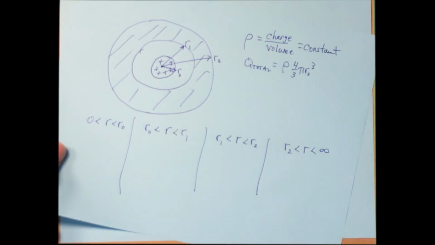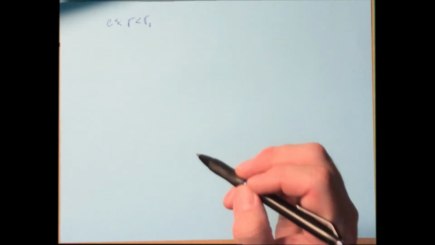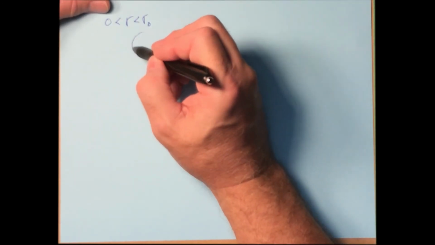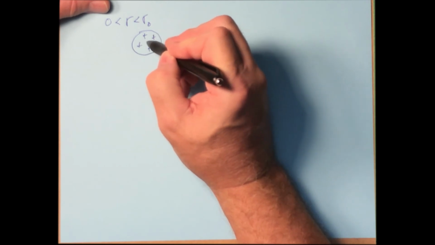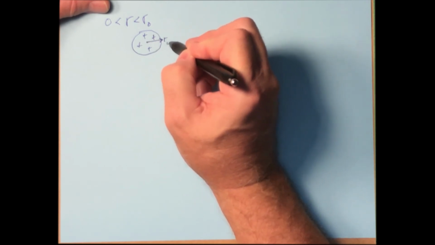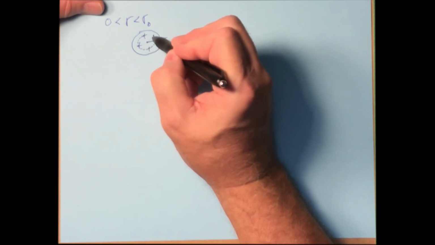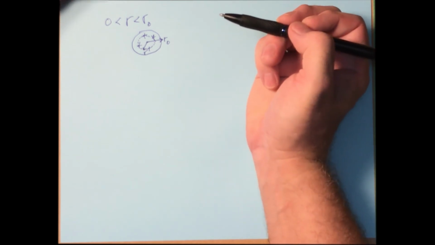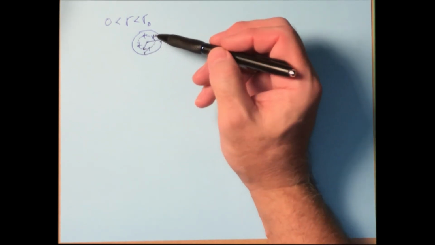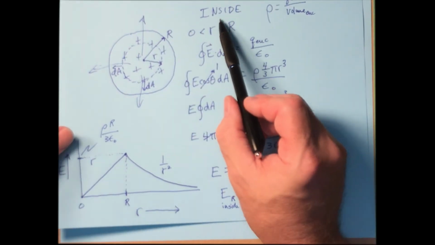Now, to be honest, we just worked this problem. If we take a Gaussian surface inside our volume charge distribution, so here's our volume charge distribution here that has radius R0, we'll draw a Gaussian surface somewhere in this region, and it has a radius of little r. Well, that's the problem we just worked back here when we were on the inside.